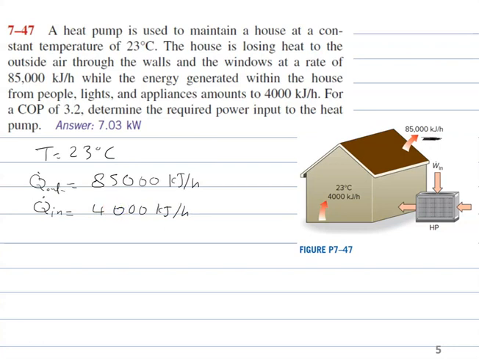Okay, this is what will be input to the house. We have COP or gamma of the heat pump as 3.2. Now we need the power input, so we need to know the value of WN.